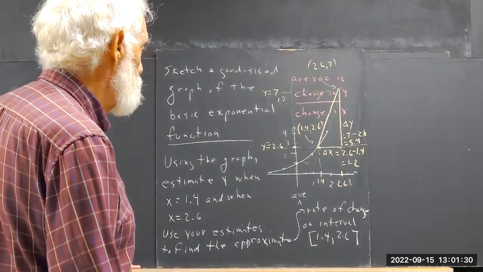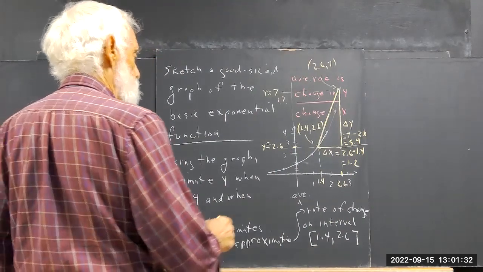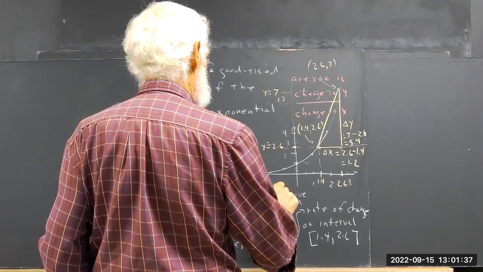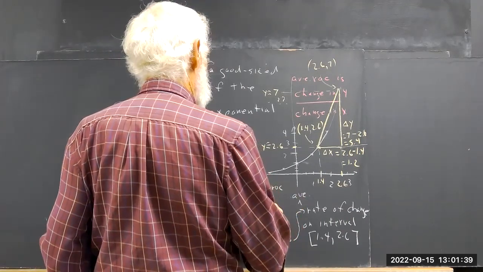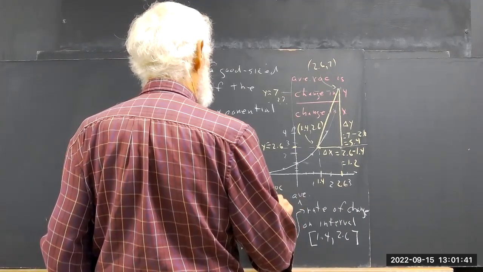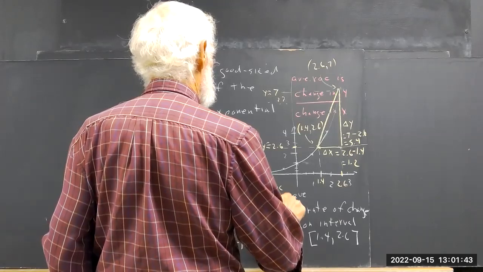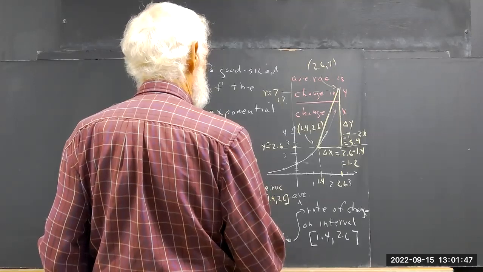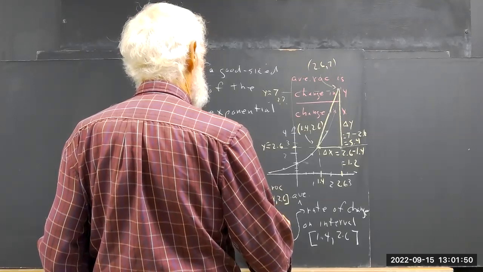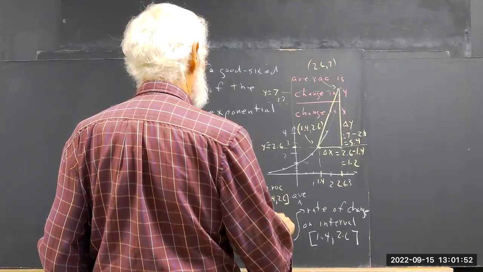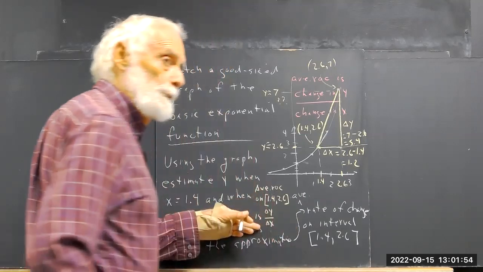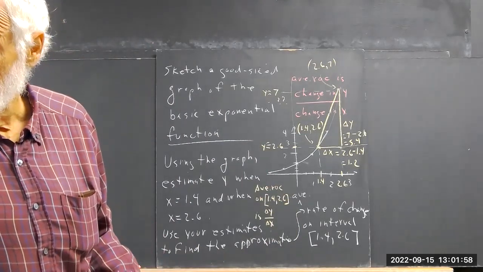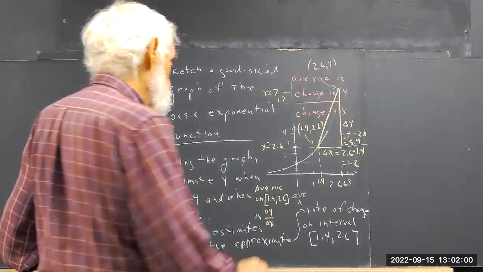So the average rate of change over the interval 1.4 to 2.6 is change in y over change in x. I'm using the delta because I don't have room to write out change in, because I didn't leave myself enough room. Okay, bad planning.